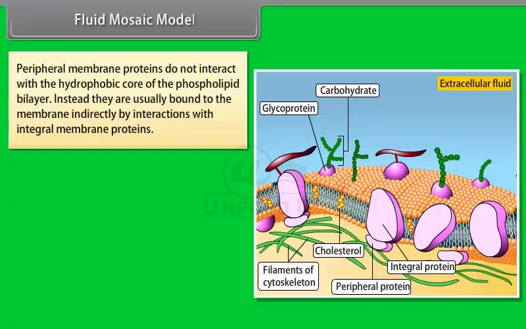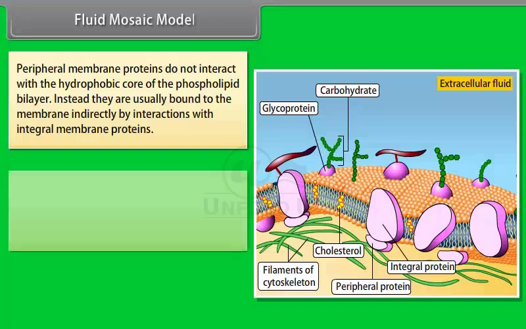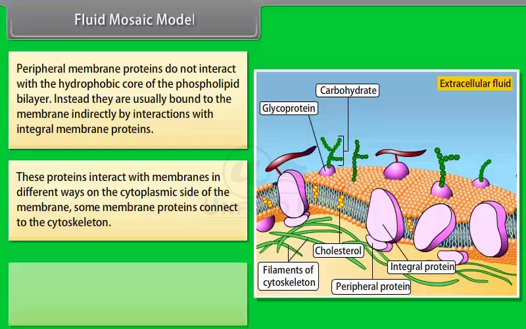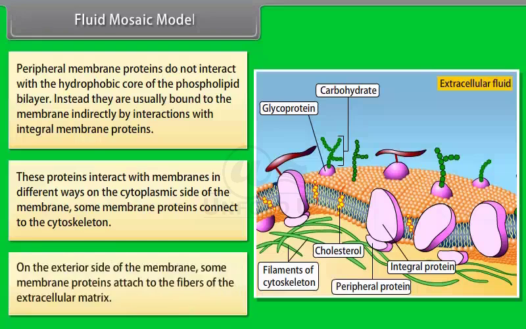Instead, they are usually bound to the membrane indirectly by interactions with integral membrane proteins. These proteins interact with membranes in different ways. On the cytoplasmic side of the membrane, some membrane proteins connect to the cytoskeleton. On the exterior side of the membrane, some membrane proteins attach to the fibers of the extracellular matrix.